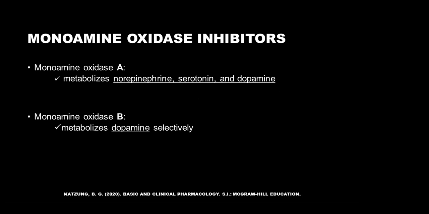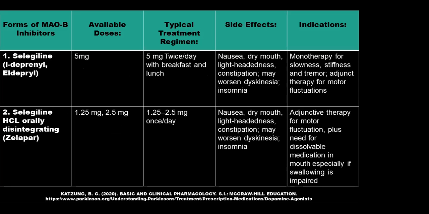But MAO-B predominates in the brain, so it is responsible for most of the oxidative metabolism of dopamine. MAO-B breaks down dopamine, so inhibiting it will prolong the action of dopamine in the brain, thus improving the symptoms of Parkinson's disease. Next, please.